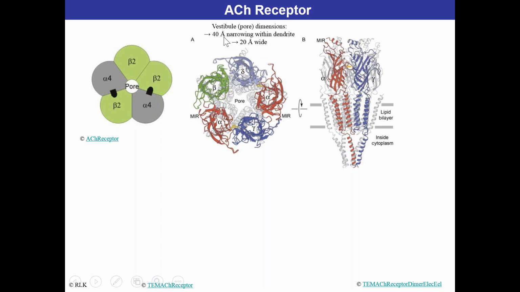So just to let you know, this vestibule, that's also another fancy way of saying pore, has about a 40 angstrom narrowing within the dendrite, and it's about 20 angstroms wide. So very small regions that we're talking about. In case you want to know how far these receptors stick out from that postsynaptic membrane surface, it's 60 angstroms. So it extends 60 angstroms into that cleft, into that opening between that knob and that postsynaptic membrane.